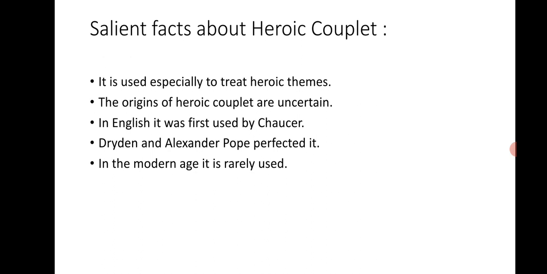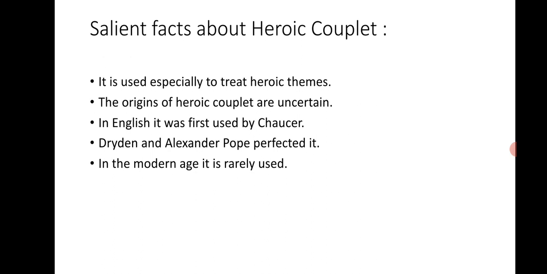But in English literature, it was first used by Geoffrey Chaucer. Actually, Geoffrey Chaucer is credited with the use of heroic couplet for the first time in English literature.